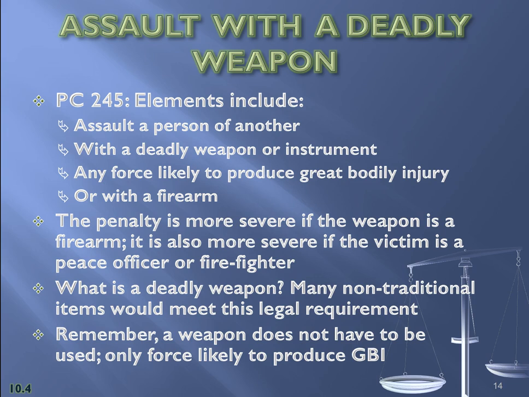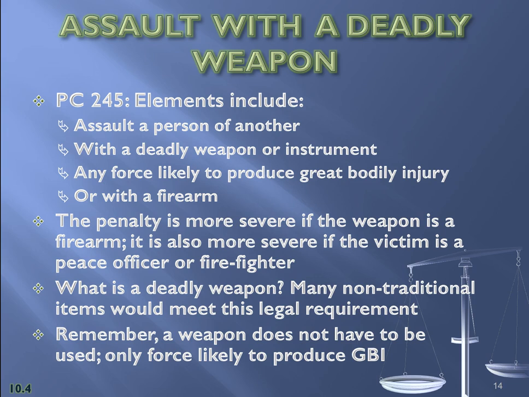Could that be a deadly weapon in this case? The answer would be, well, I'm pretending that there's music playing in the background as we're going on. I hope you said yes, because really if you struck somebody 15 times in the head with a baseball bat, while it's not sold as a deadly weapon, could it be a deadly weapon? Well, yes. Well, that's why they put instrument in there.